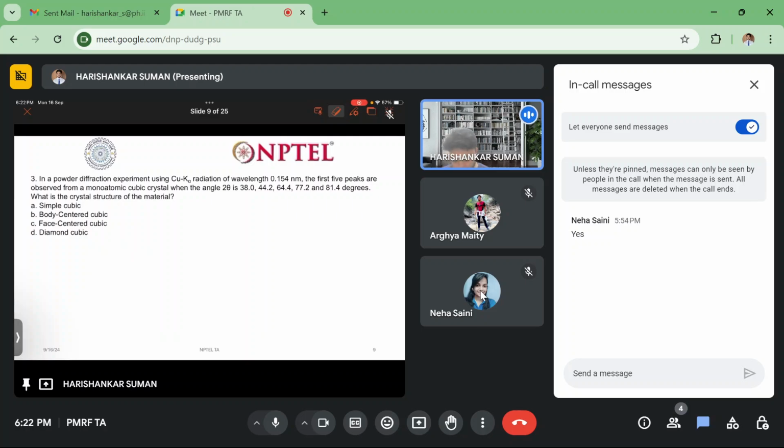When the angles 2 theta are given in degrees, what will be the structure of the material? Simple cubic, body centered cubic, face centered cubic, or diamond cubic. Please calculate. You can take 5 minutes for this question.